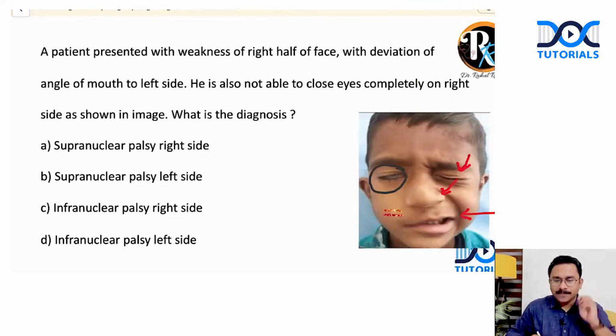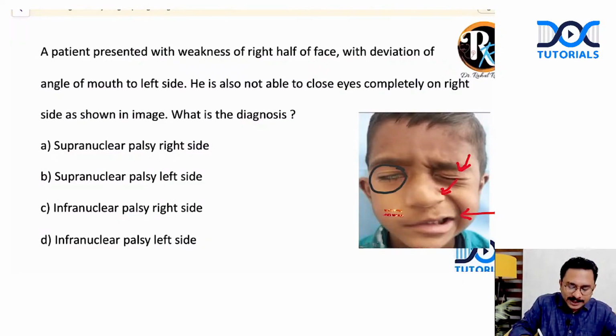So what do you think? Well, I have told you, when you think about a weakness in one side of the face totally, it is not going to be a UMN palsy. It is not going to be a supranuclear palsy. So I'm already eliminating the options which are containing supranuclear, right? Now, is it either a nuclear or infranuclear problem? Anyway, in the option, there is no nuclear problem, which means the facial nucleus is not affected.